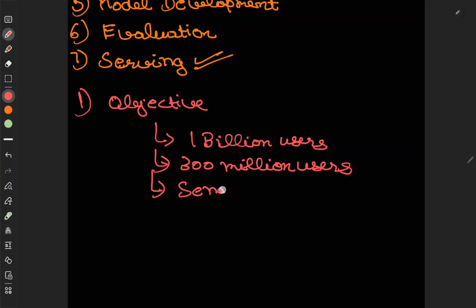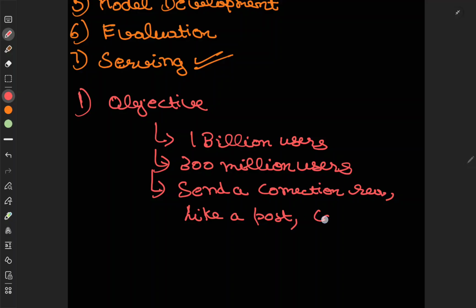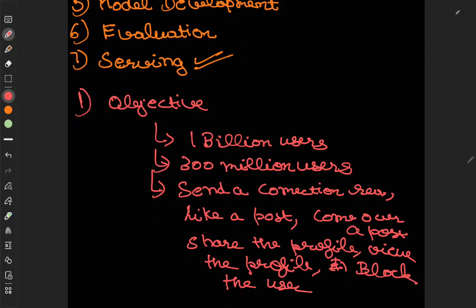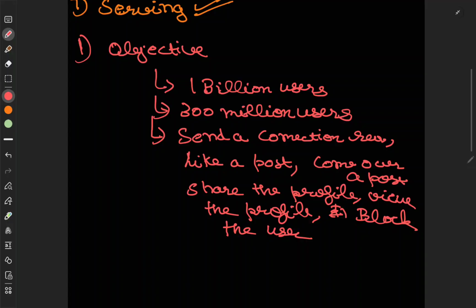Like you can send a connection request, you can like a post, comment over a post, share a post, then you can share the profile, then you can just view the profile, you can ignore the user, like, sorry, block the user. Okay, so the same things which you see generally on a LinkedIn platform, the same stuff would be there.